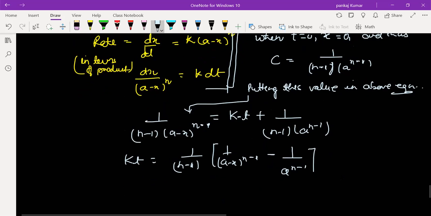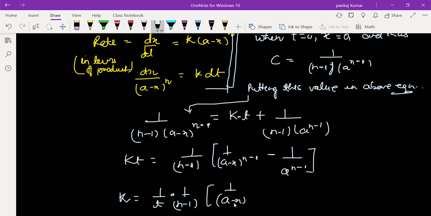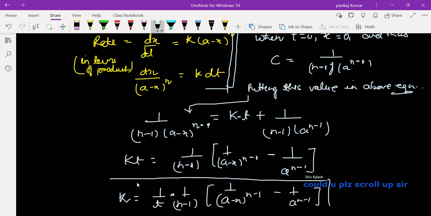Then after that, we'll get the final equation. I think this is the final equation. So k is equal to 1 by t multiplied by 1 by n minus 1, and this will be 1 by a minus x to the power n minus 1, minus 1 by a to the power n minus 1. So this is our final. Okay, I will scroll up.